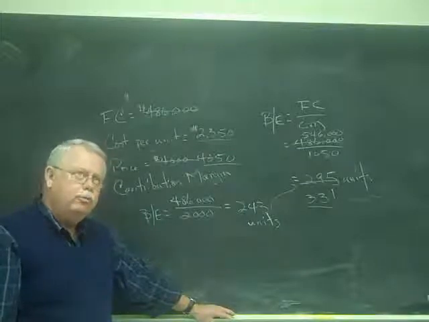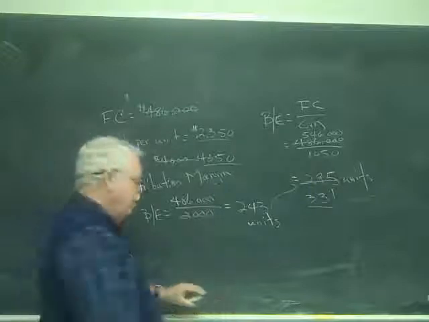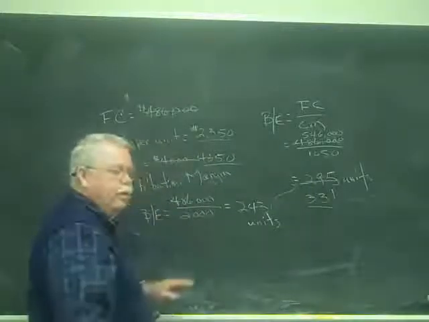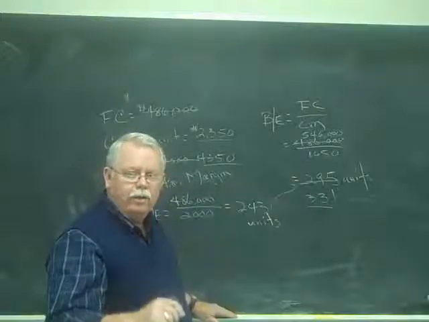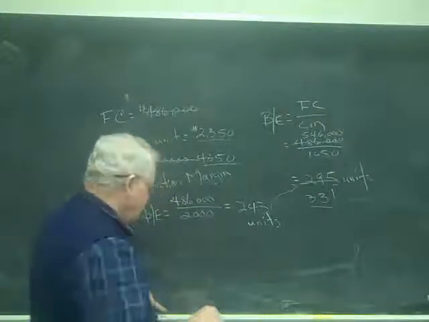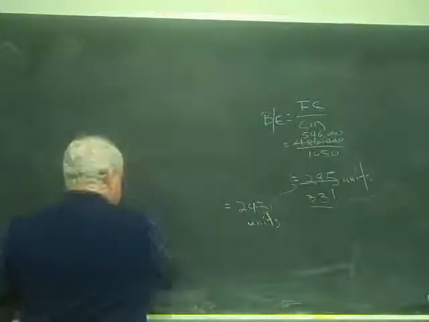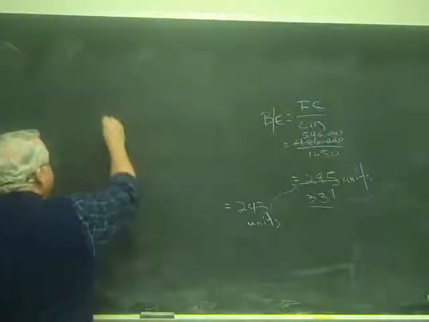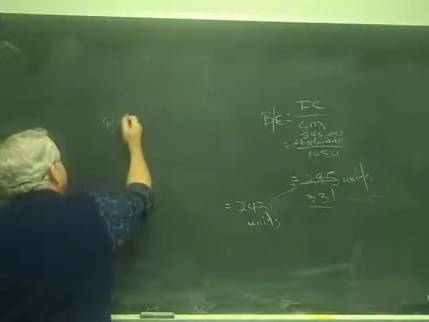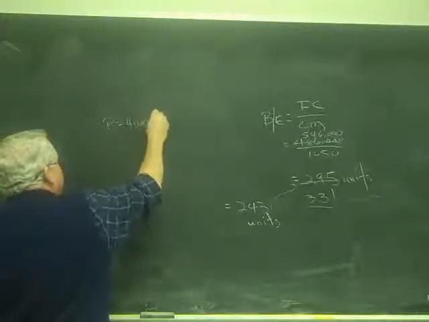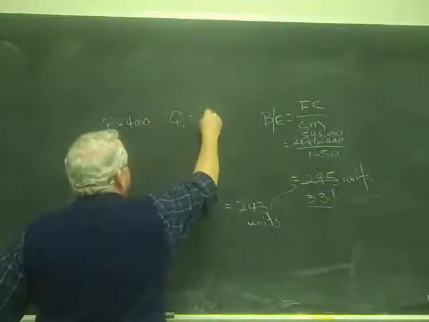Is it reasonable to raise the price to $4,350? I wonder. Well, what price elasticity of demand does that imply? So, what I'm saying is, when your price was $4,000, you had to sell 295 units.